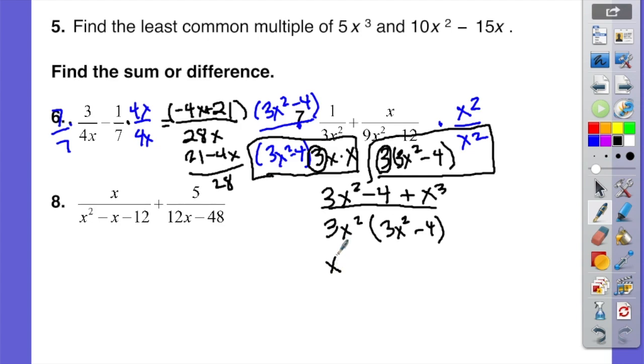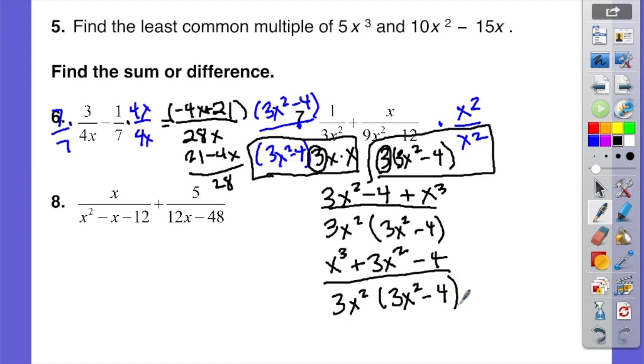So x cubed plus 3x squared minus 4 over 3x squared times 3x squared minus 4.